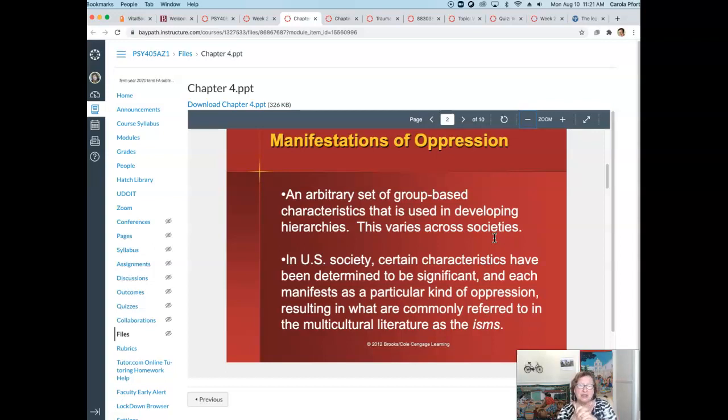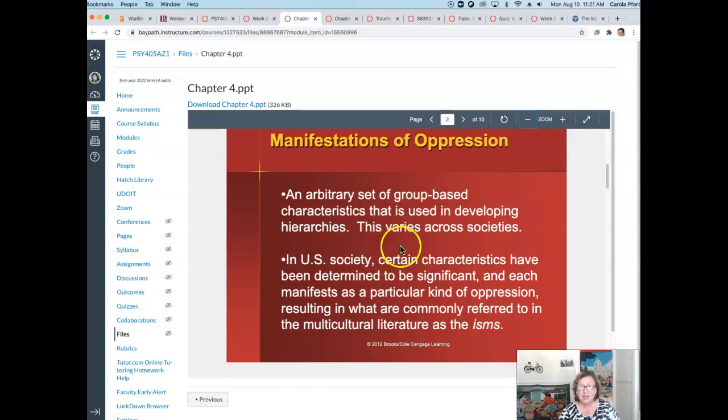So oppression is an arbitrary set of group-based characteristics that is used to develop hierarchies. This is the function of prejudice, and it varies across societies. For example, in Germany, there is a whole bunch of oppression of guest workers or people who come from other countries like Turkey.